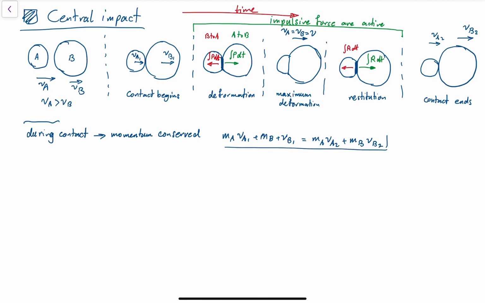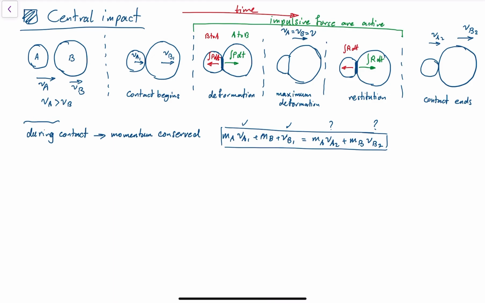So that is one equation we have to relate what happens before contact to what happens after contact. But note that these two are unknowns, assuming that we know the initial conditions before the contact. So we know these. One equation, two unknowns, we cannot solve it just like that.